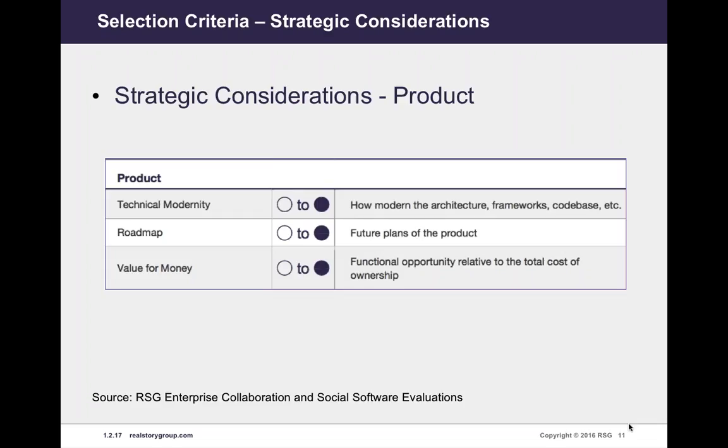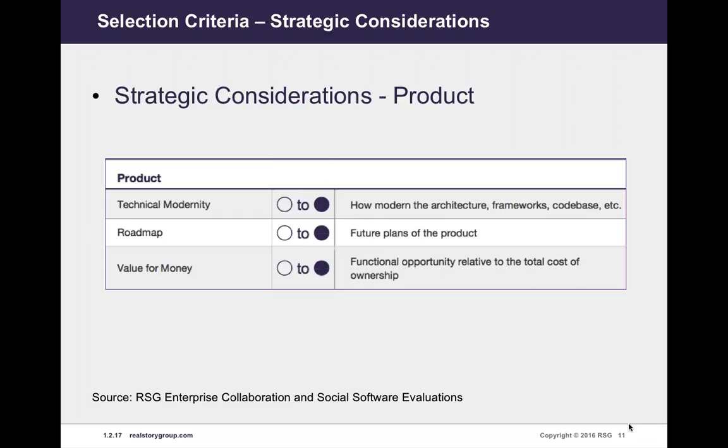This is another way of saying how much technical debt are you going to take from day one or in the future going forward. And technical modernity, we see it time and again, is under-considered in many selection processes. So we end up with a product that's several years behind the current state of the art.